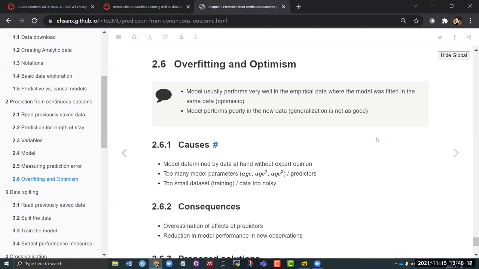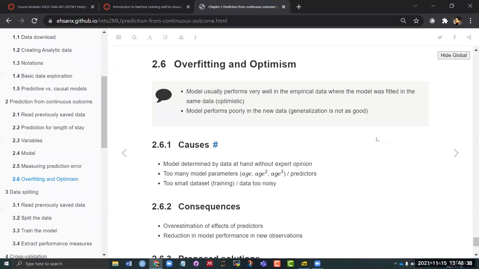That is something we call the optimism problem: if you are using the same data to build your model and calculate the performance measures, you are certainly going to get a more optimistic statement or results out of that.